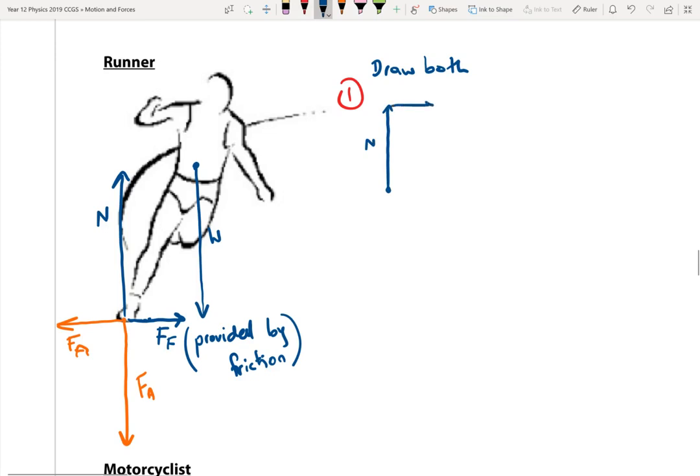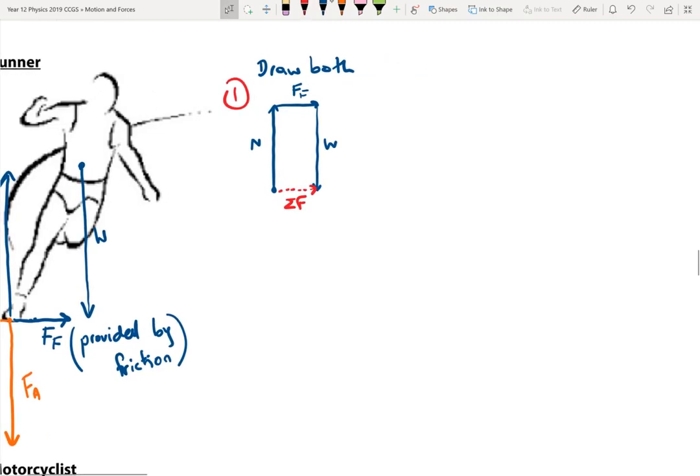Then I'm going to draw friction. Then I'm going to draw the weight. And then our net force is the dashed red line that acts inwards. Okay? Or you could combine both. So yeah, these are the forces acting on the runner. On the runner. Yeah, we don't care about the earth. The earth is far too massive for us to notice any effects.